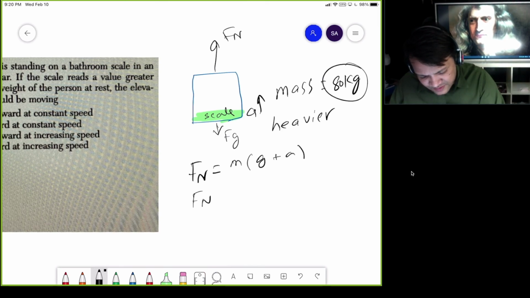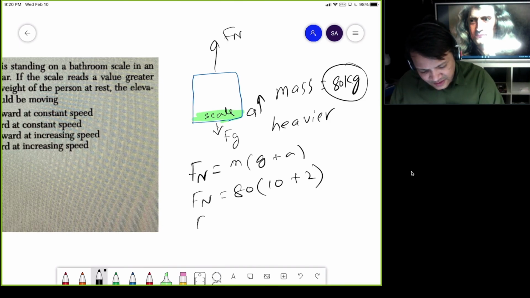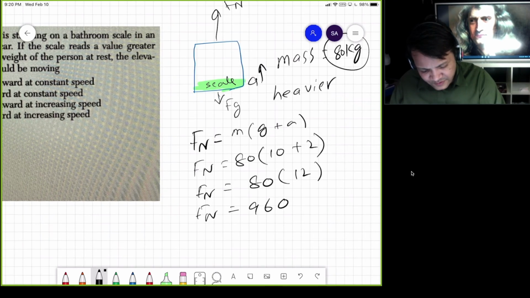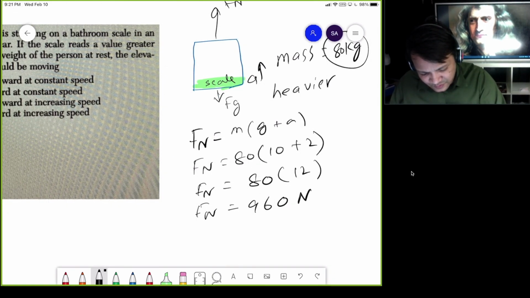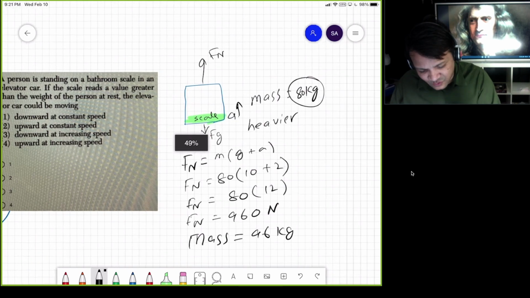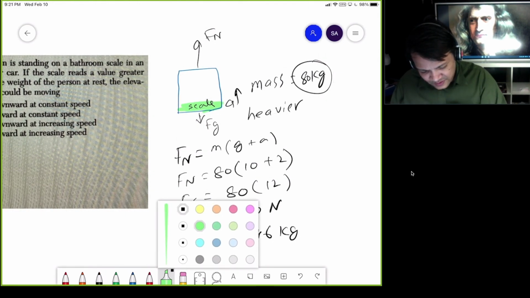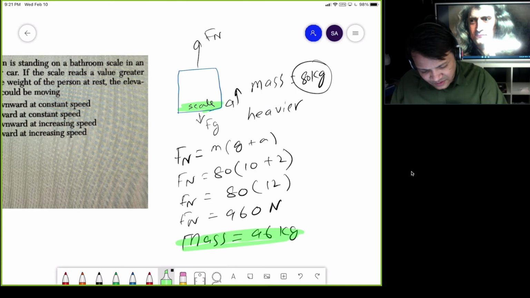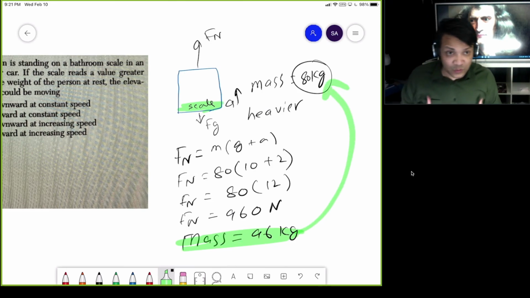Fn is 80 times 12, so 960 Newton. So the person will feel 96 kilogram, which is 16 kilogram more than the person's true mass.